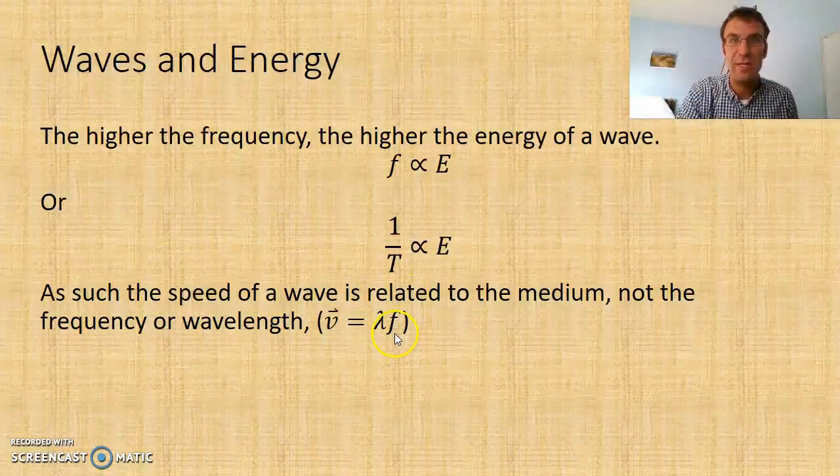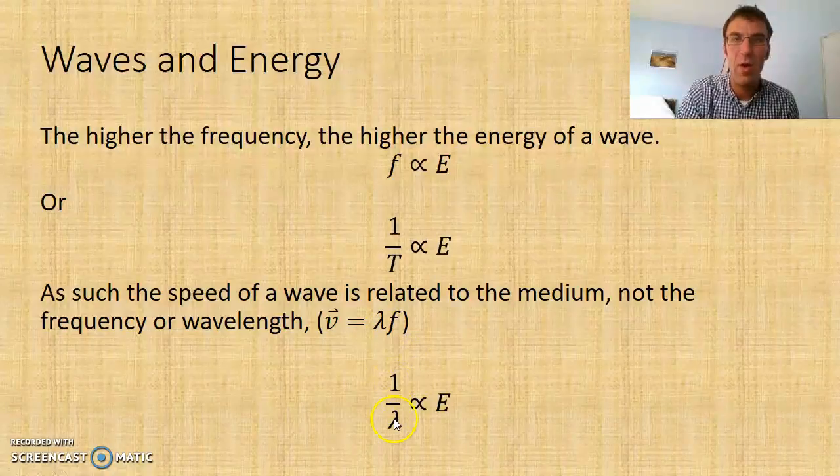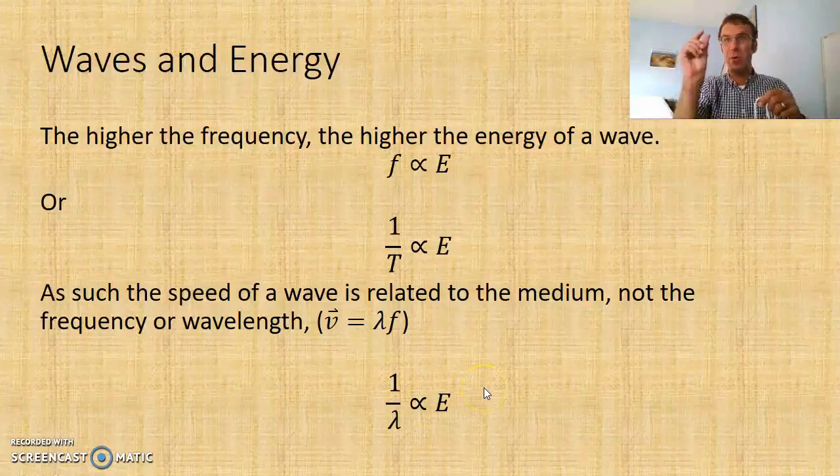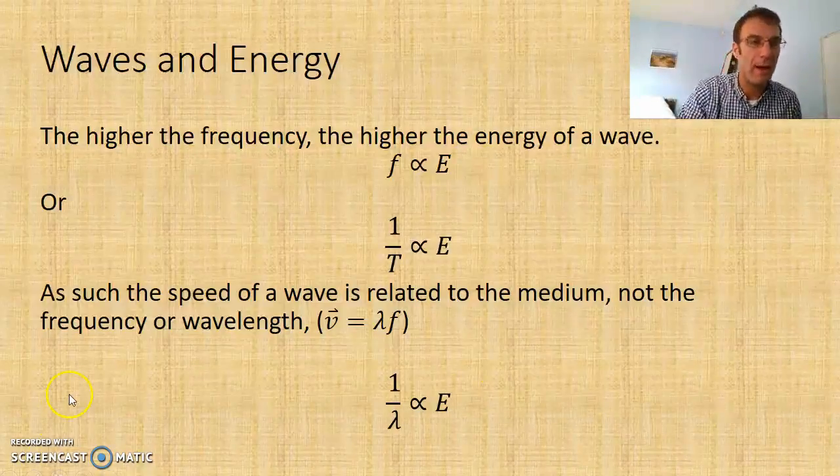But if I increase the frequency here, then I'm going to make the wavelength smaller. So again, we end up with 1 over the wavelength is proportional to the energy, meaning the smaller the wavelength as this wave travels down the string, the greater the energy in the system. Yeah, that'll do.